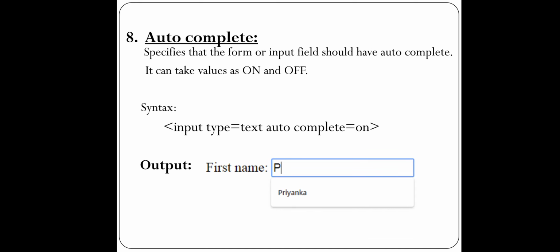Next, autocomplete. Now we can see this attribute autocomplete. This generally allows the form, the whole form or the input control, to use this feature. We will see how exactly it works.